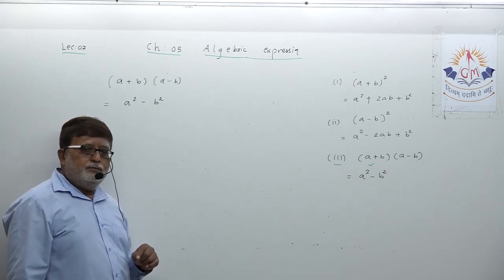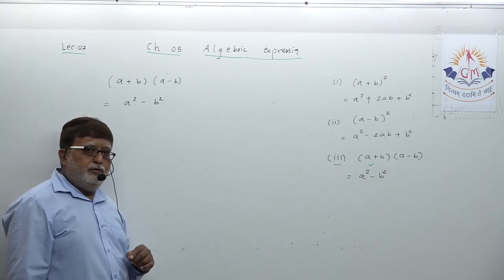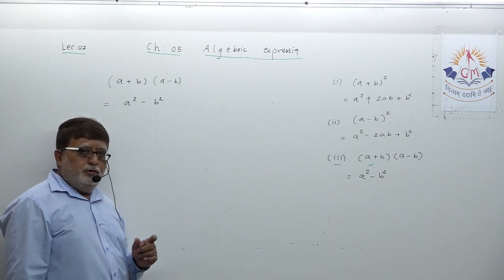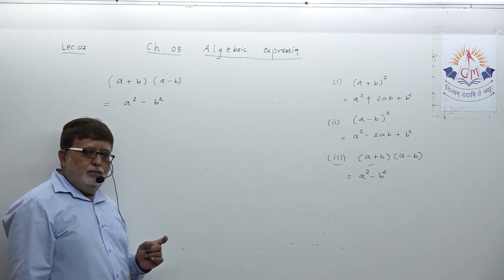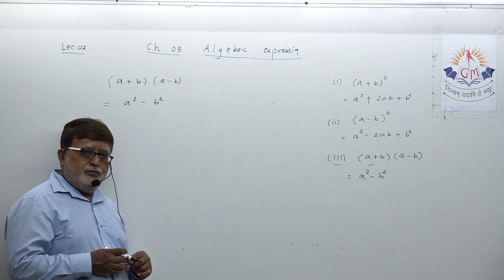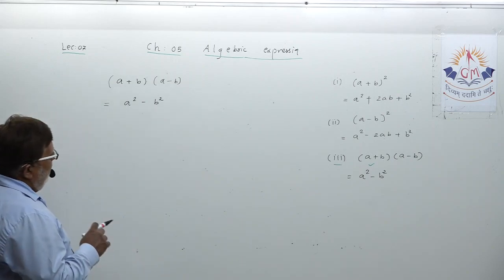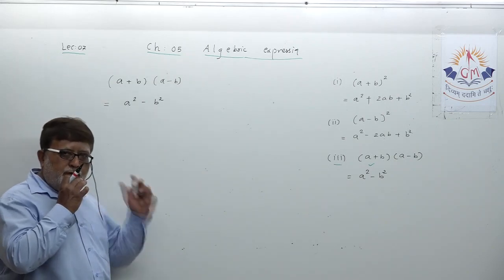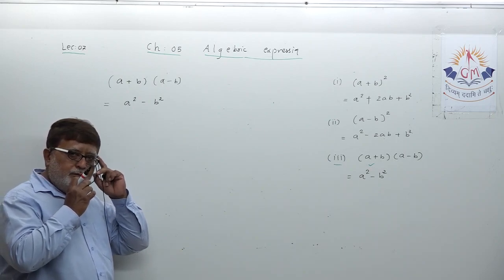Not only do you have to remember the format, two brackets, both the brackets have similar terms, a plus b, a minus b, and its answer is a square minus b square.